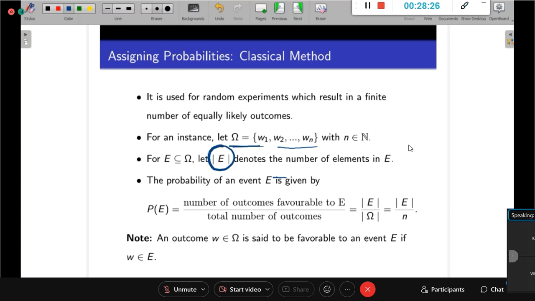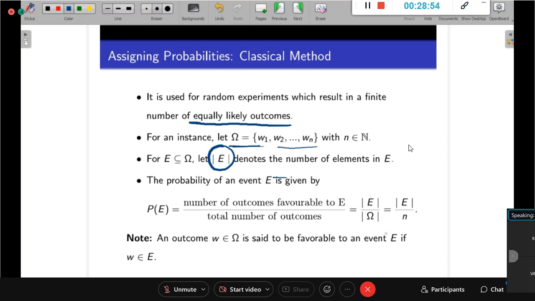When you use it with a set, it means cardinality, the number of elements inside E. The important thing here is that you work with this classical method when you have equally likely outcomes.